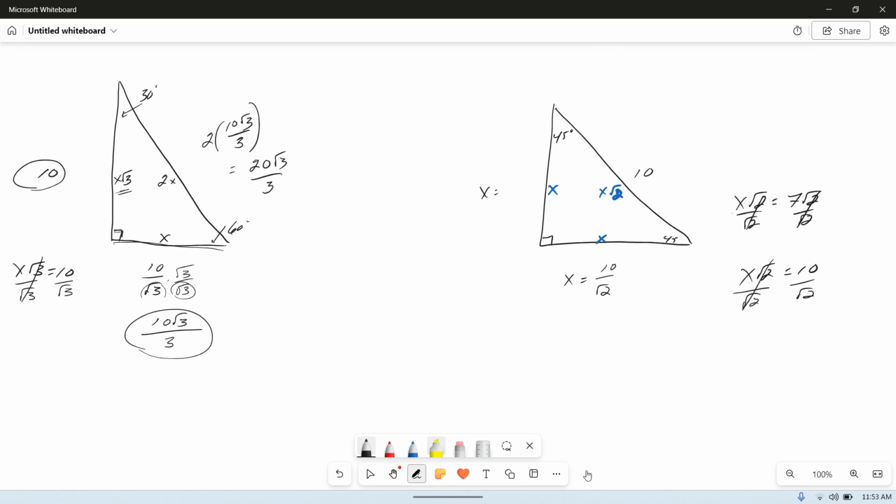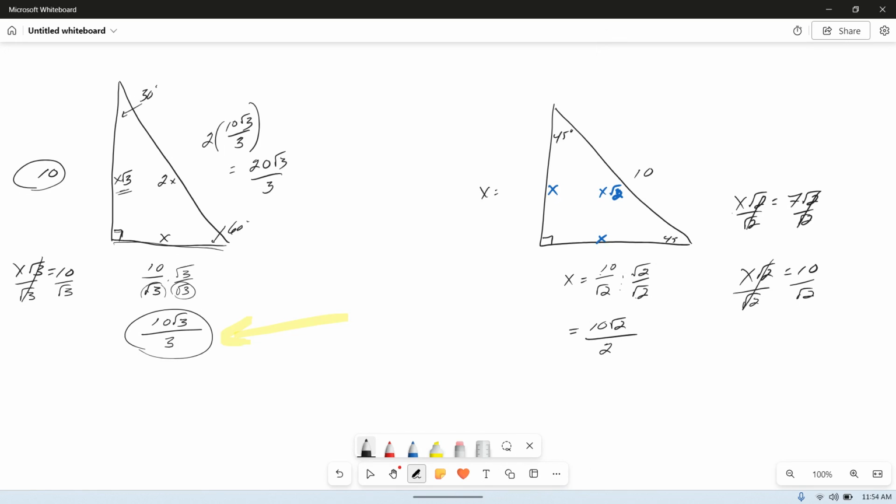Just like with the 30, 60, 90, when we had 10 over root 3, we rationalized the denominator. I'm going to do the same thing here. Multiply top and bottom both by the square root of 2. So 10 times the square root of 2 over root 2 times root 2, that's 2.